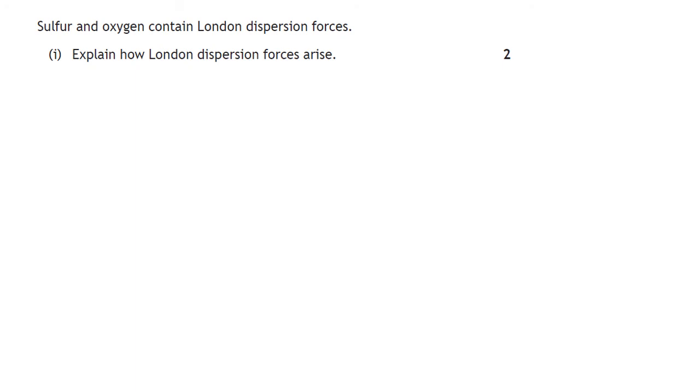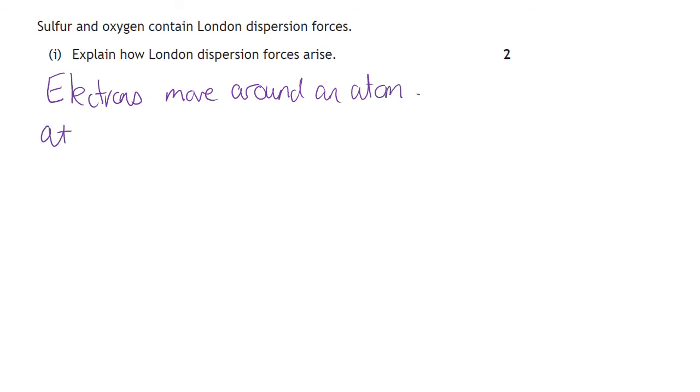Now, London dispersion forces, when it comes to London dispersion forces, remember they're related to electrons. So electrons move around an atom. At any given moment, more electrons may be on one side.